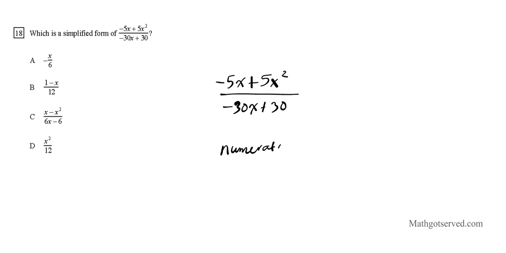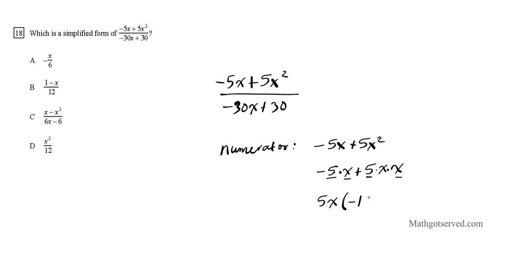The numerator is negative 5x plus 5x squared. So let's break that down. We're going to have negative 5 times x plus 5 times x times x. We can take out 5x. So we have 5x on the outside, negative 1 plus x.